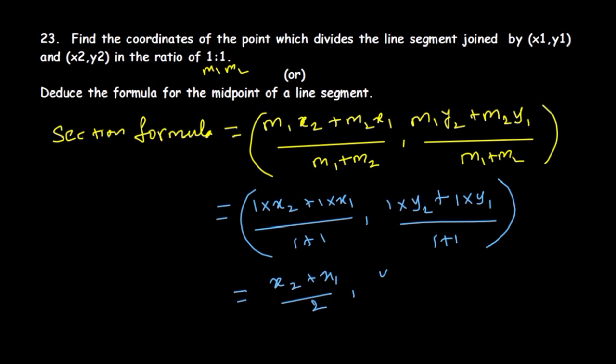And 1 into y2 is y2 plus 1 into y1 is y1 by 1 plus 1 is 2. So from this, writing in order, finally what we get is x1 plus x2 by 2, y1 plus y2 by 2. Okay, so this is the midpoint formula, and we will move into the next question.